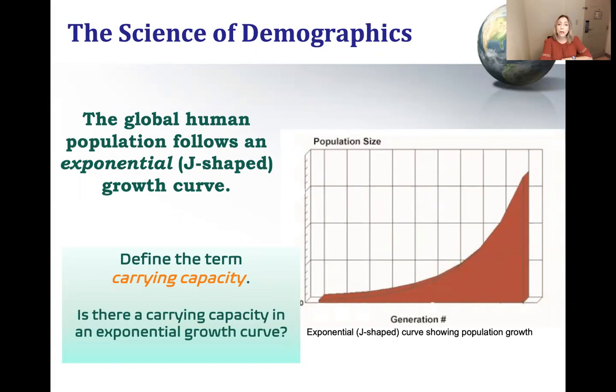So let's look at how human population grows. What you're looking at here is called an exponential curve or a J-shaped curve. This shows that as human population grows, it just keeps getting bigger, and there's nothing really controlling the growth of the population.